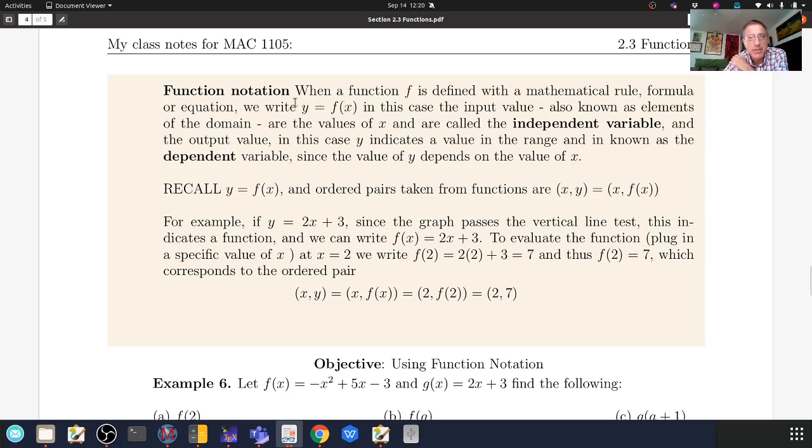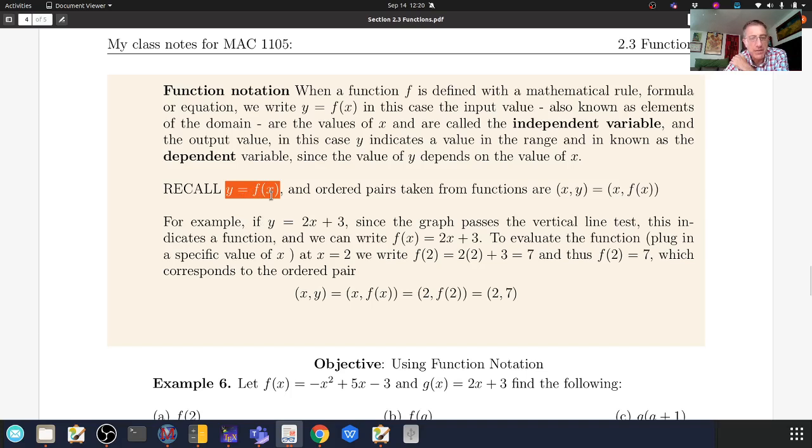And the output value is y, and that indicates a range value, and the y variable is known as the dependent variable. So keep that in mind. So recall this. Always keep this in mind. y is equal to f of x.